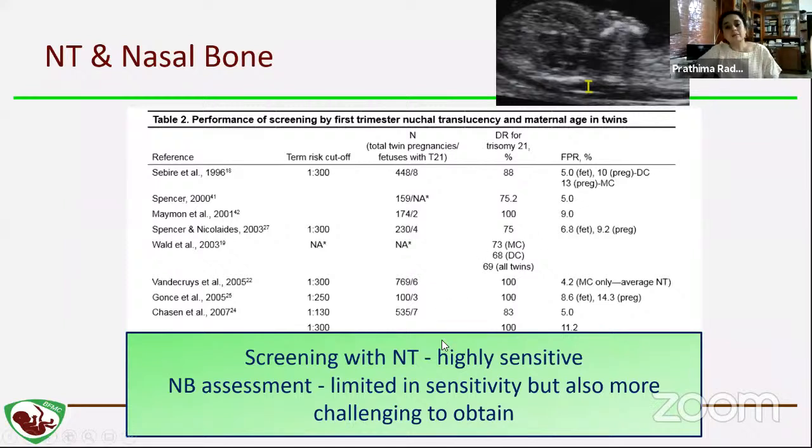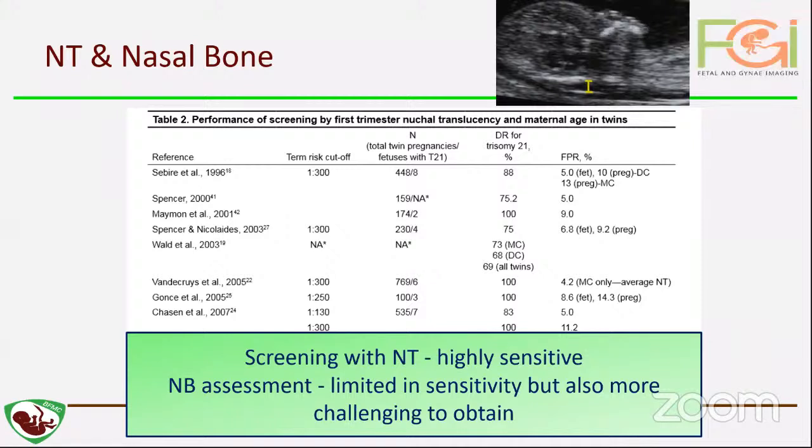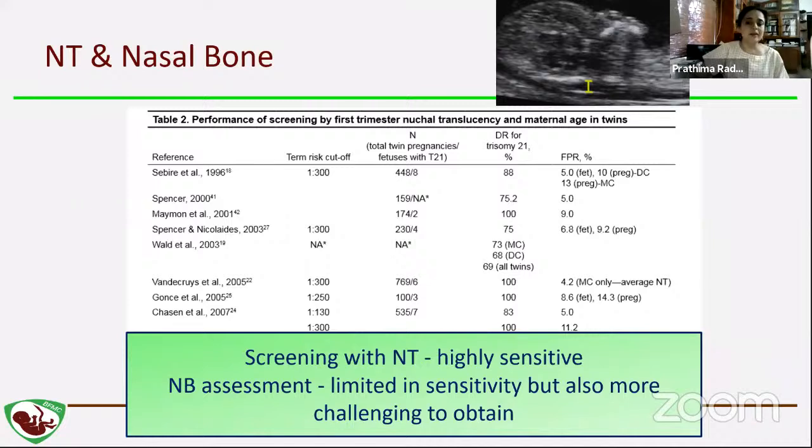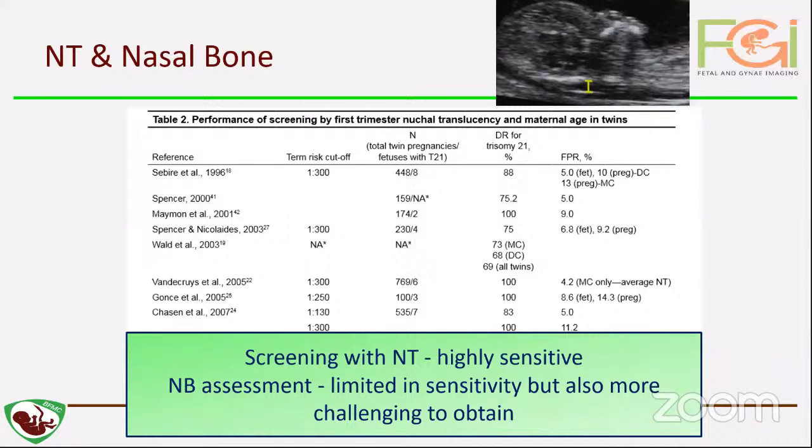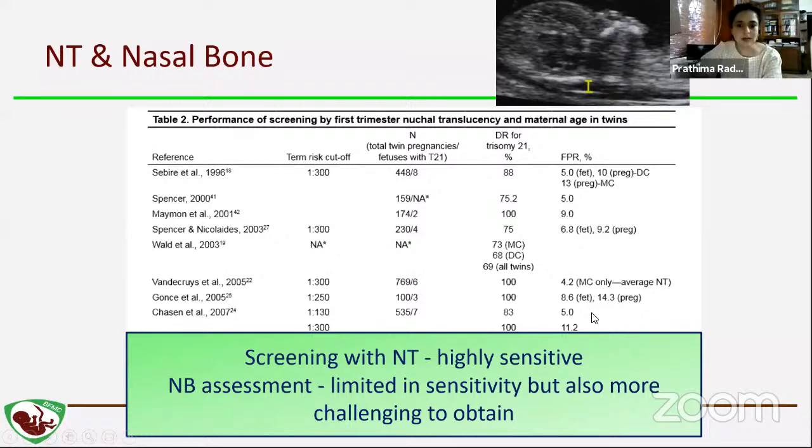Now, coming to screening in twins, which is a very important aspect of the first trimester scan as well, there are multiple studies looking at the ultrasound sensitivity and specificity or detection rate, and NT screening and nasal bone. NT screening particularly is highly sensitive. Nasal bone, however, can be limited because of the position. However, now that the NT and the nasal bone are measured in the same view, to be honest, I don't think a lot of it holds valid, because some of these studies are quite old as well.